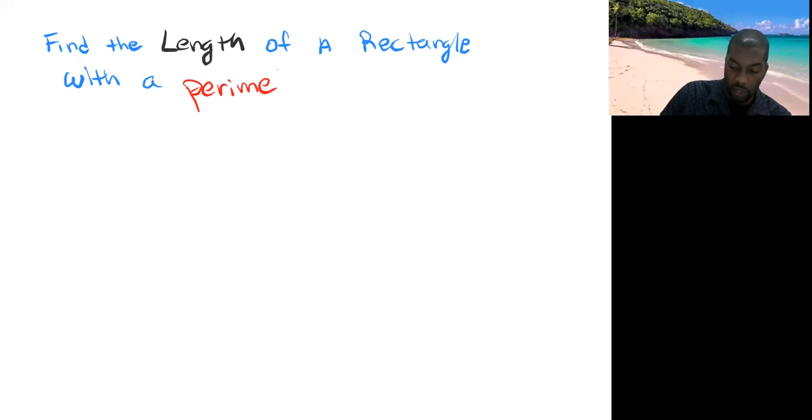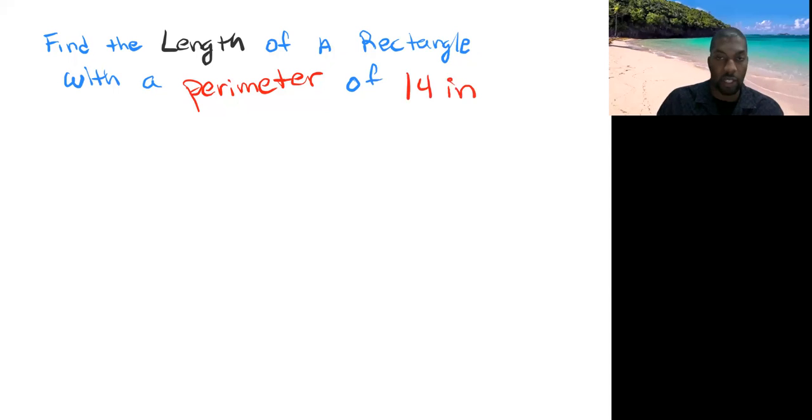Now we're looking for perimeter, different from area, of, and how much is the perimeter worth? 14 inches. Notice how it's not 14 inches cubed or squared because it's just perimeter.